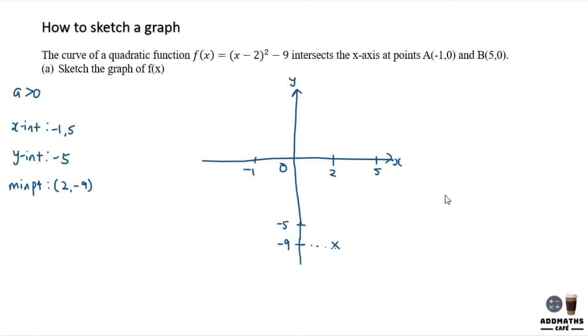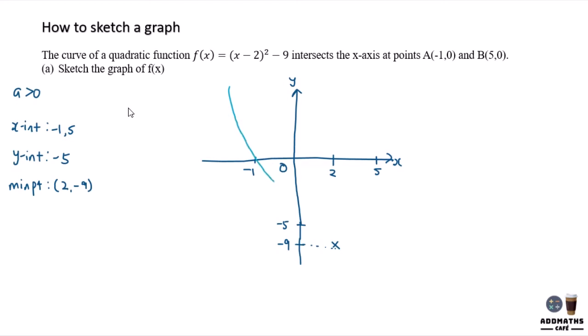So to sketch a graph, you can simply plot everything down and then sketch it. Let me use another color, say a lighter blue. My graph is a minimum point graph, so it's a happy face.